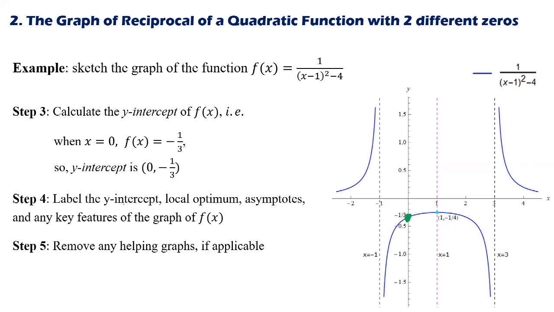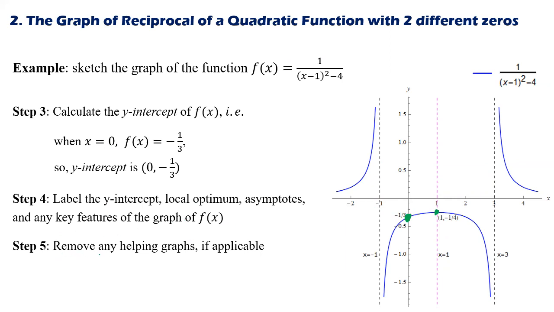Okay, then label the graph with y-intercept, local optimum is here. Asymptotes, 2 asymptotes, one of them is x equals -1, the other one is x equals 3. And any key features of the graph of f(x).